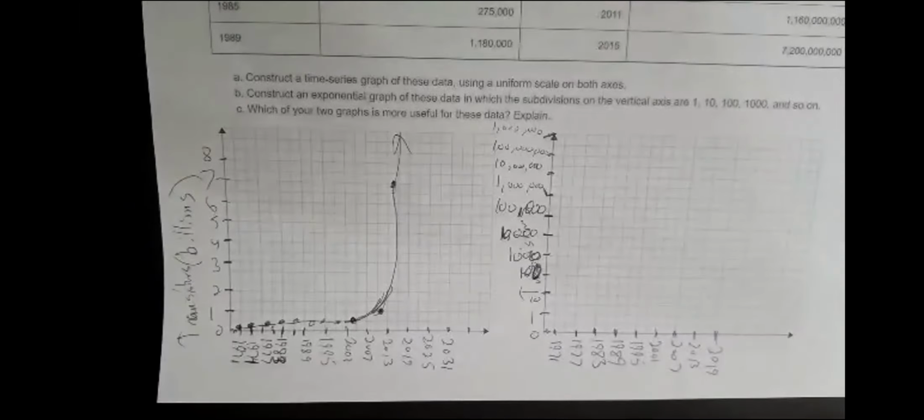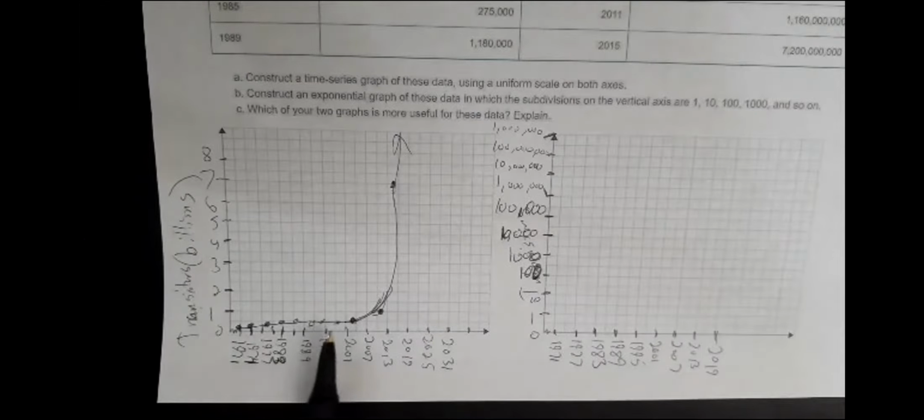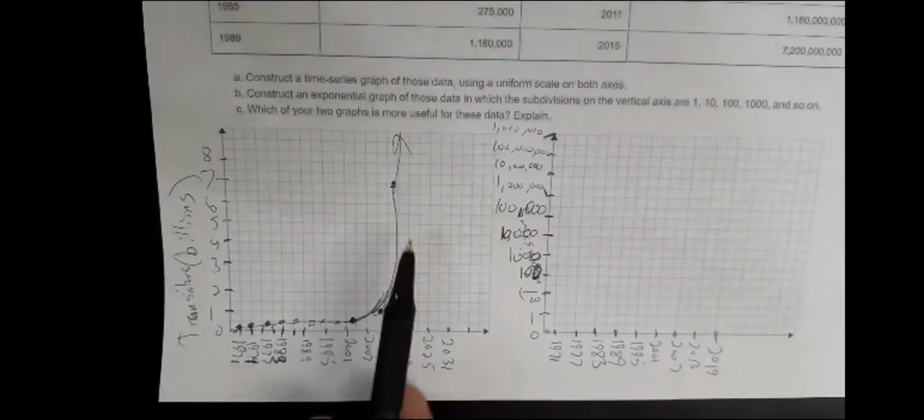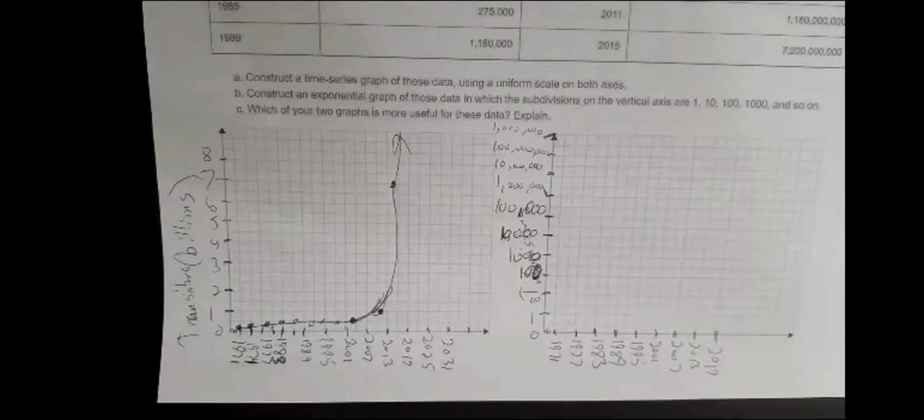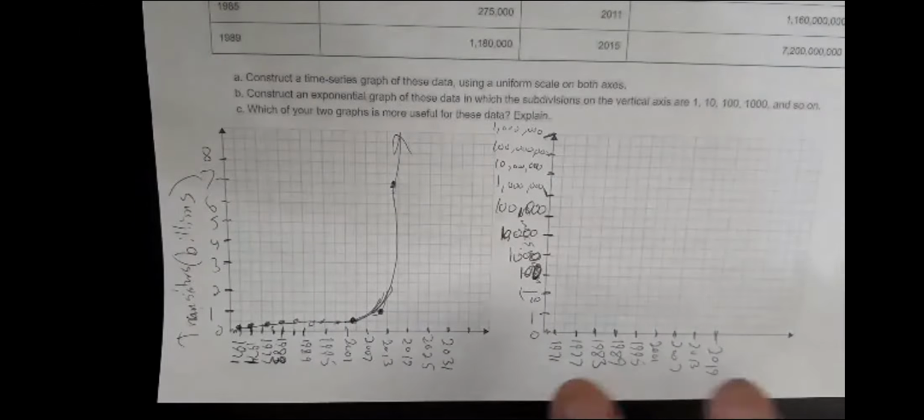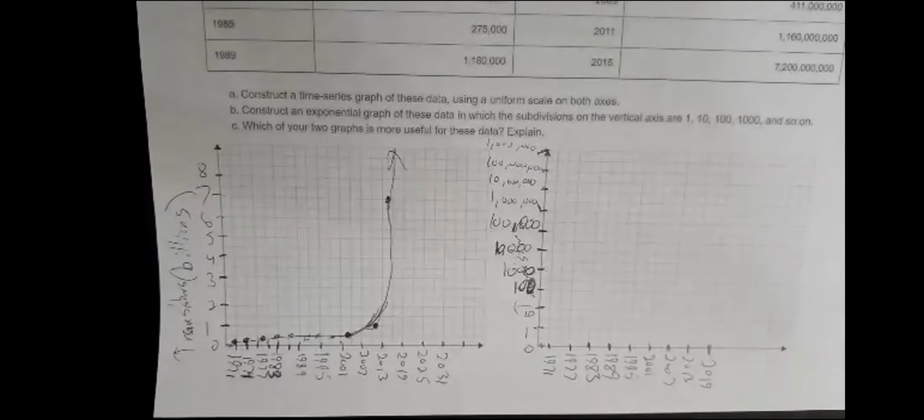So if we look at something like this, and we didn't go over that section, but what does this sort of look like? If you have the math knowledge, maybe you know what it looks like. What sort of function does that look like? We get a little bit of an increase, a little bit of an increase, and then all of a sudden it skyrockets. So this really is starting to look like an exponential.